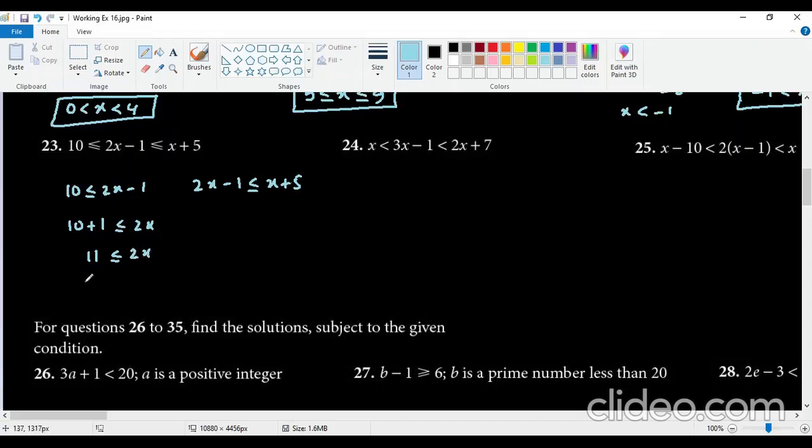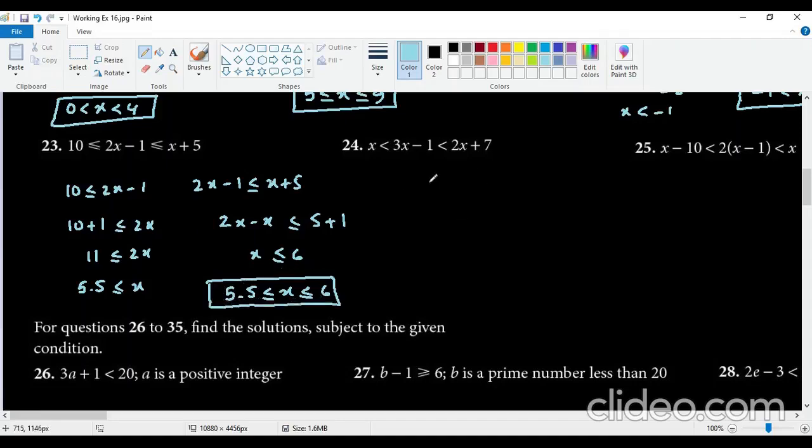That means 5.5 less than or equal to x. Second part is saying 2x minus x less than or equal to 5 plus 1. 2x minus 1x is 1x only, and this is going to be 6. So how will you write this in terms of answer? 5.5 is less than or equal to x, and x is less than or equal to 6. So this is going to be the final answer.